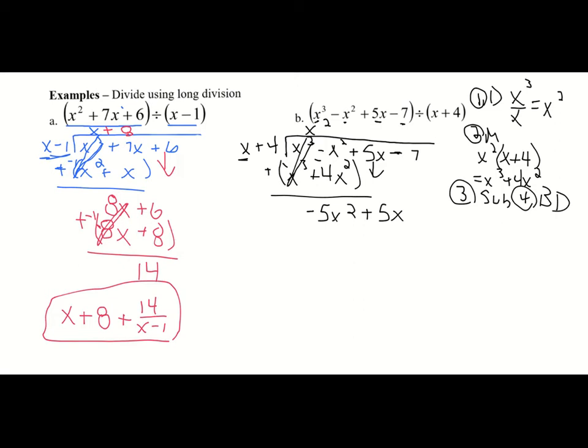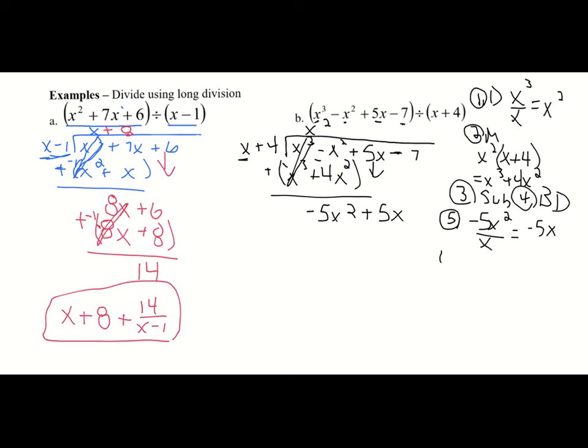So first thing we're going to do is divide negative 5x squared by x, and that is going to give me negative 5x, because x squared divided by x is x.